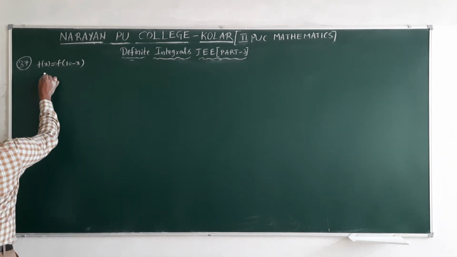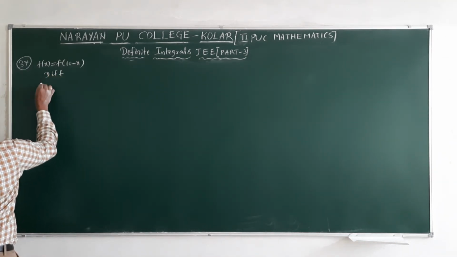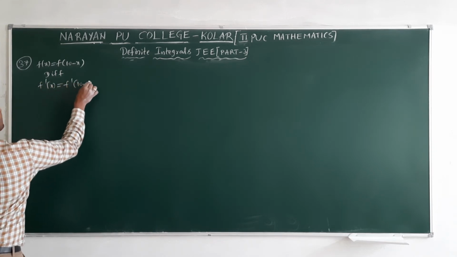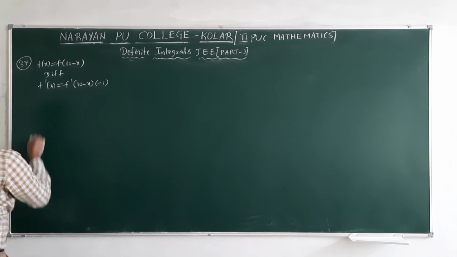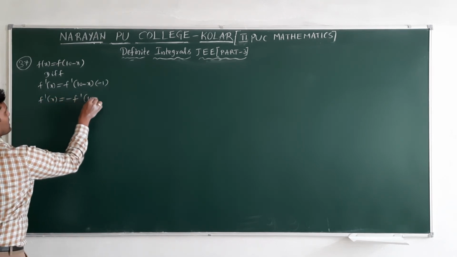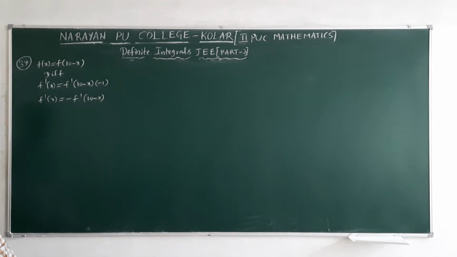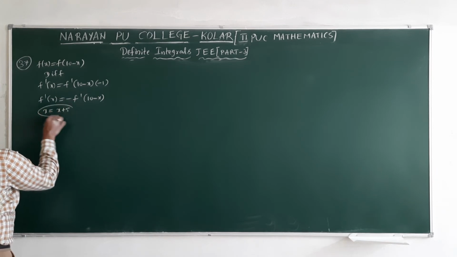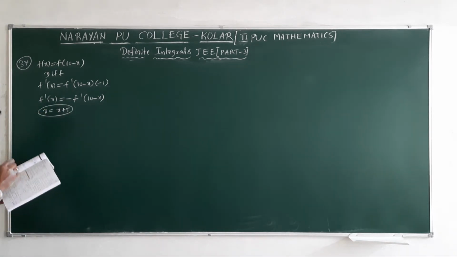Here first we need the f dash of x form, that's why differentiating on both sides. f dash of x equal to f dash of 10 minus x into minus 1. That is f dash of x equal to minus f dash of 10 minus x. Now in the place of x I will take x plus 5 because f dash of x plus 5 is required.